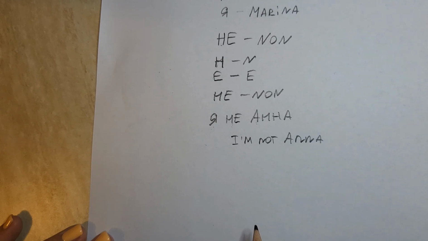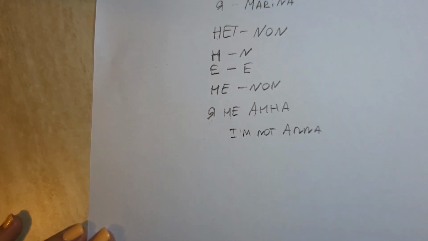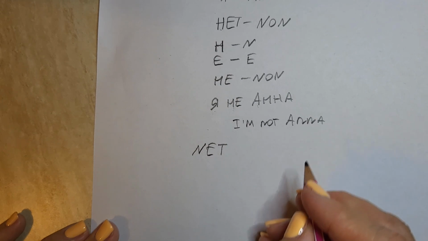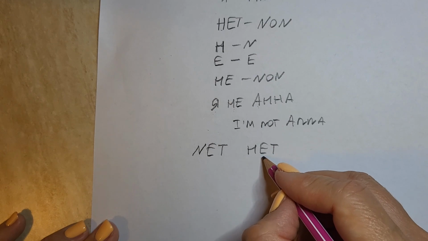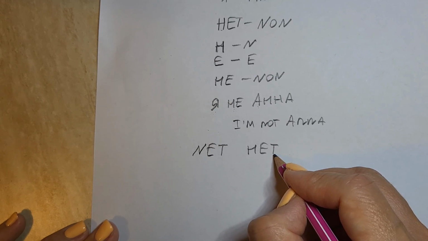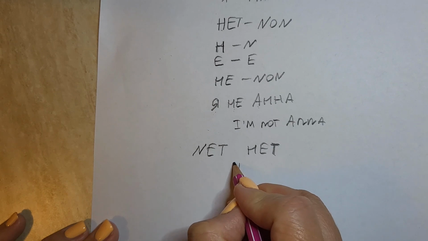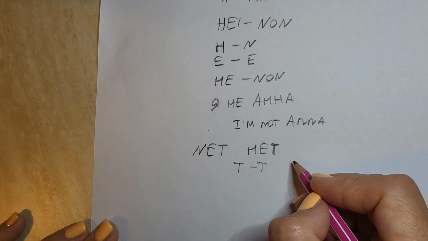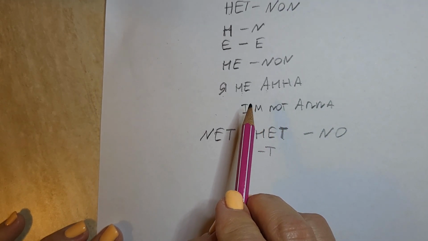If you add to не the letter T, не T, with the same sound and pronunciation as in English, we will express negation: нет, no. Саша?